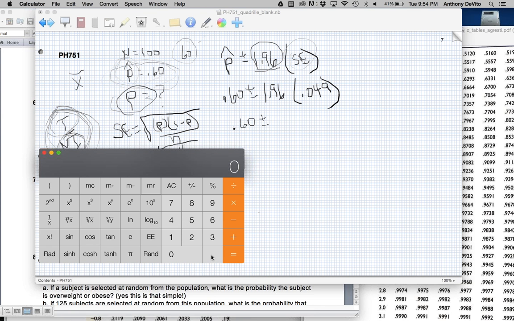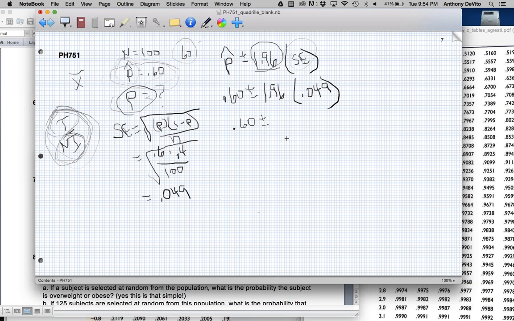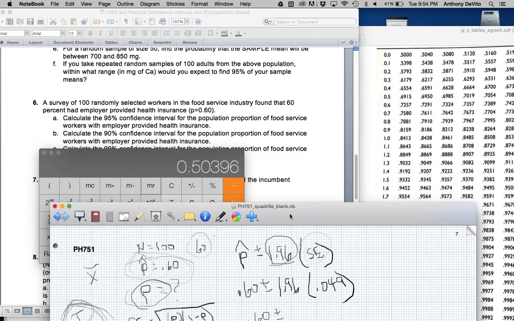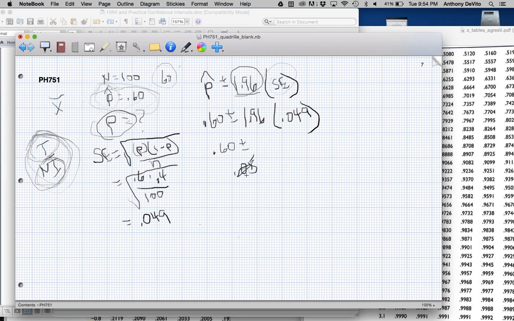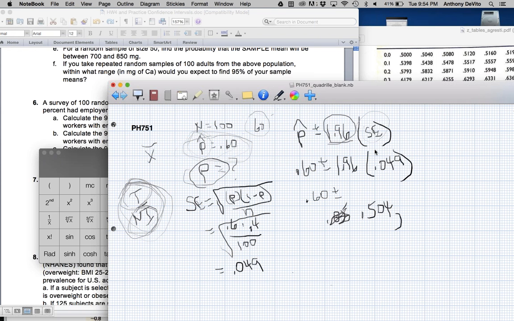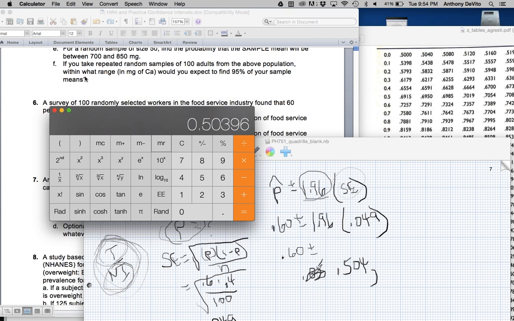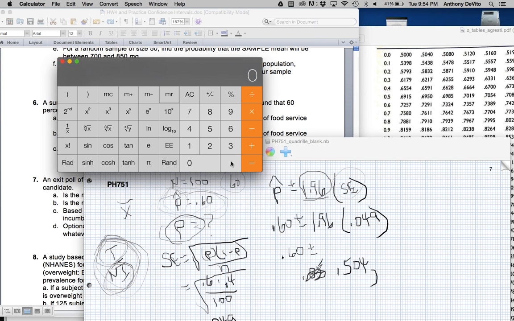So our confidence interval is going to be 0.6 minus our margin of error, which is going to make it, I'm sorry, 0.504. And the upper limit of our confidence interval is going to be 0.6 plus our margin of error, which is going to be 0.696.